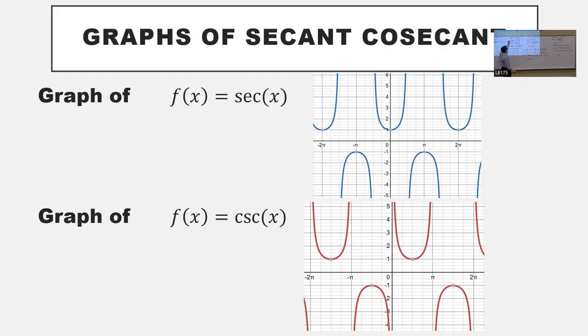So that's tangent and cotangent. That's the look of their graph. Secant and cosecant work differently. Remember, secant is like 1 over cosine. Well, 1 divided by cosine is going to have zeros, so we're going to end up with asymptotes where cosine is 0.